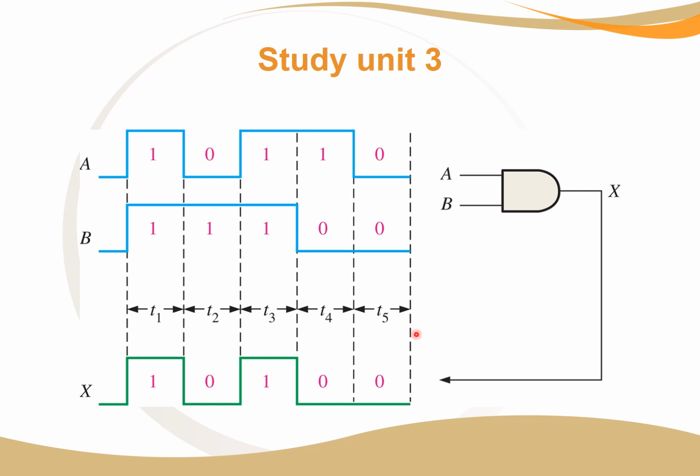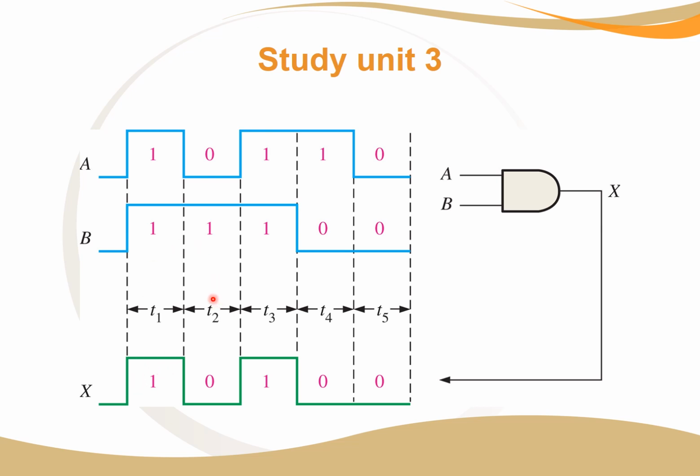This is what we call a timing diagram. Each of these intervals represents a set amount of time, and it shows the inputs A and B, and then the output, which is X. So A and B go through the AND gate and come out as X. At this specific time step, A equals 1 and B equals 1, so the output is also 1.